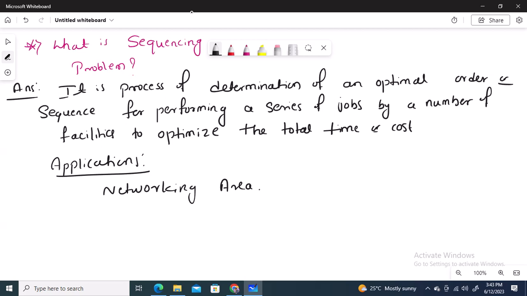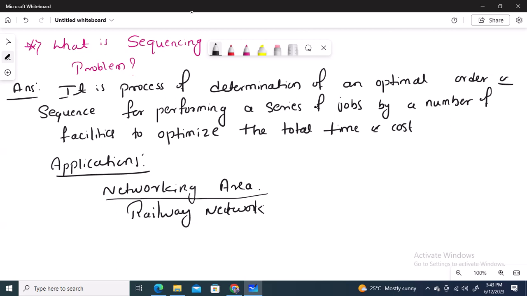For example, you take a railway network, an airline network, or a road network. Wherever this network concept comes, sequencing models are very important.